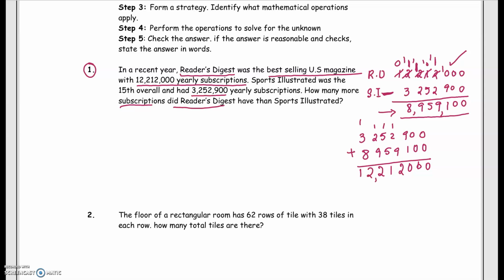So let's double check. 12,212,000 subscriptions. So our answer is absolutely correct. So this problem involved subtraction. And the reason why it's subtraction is because it says how many more subscriptions did Reader's Digest have than Sports Illustrated?